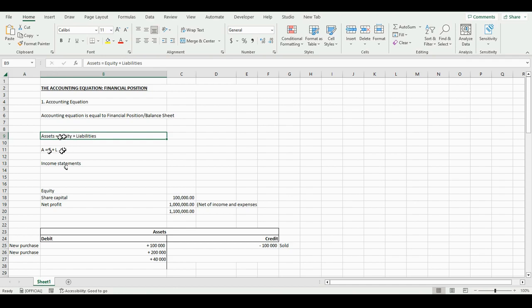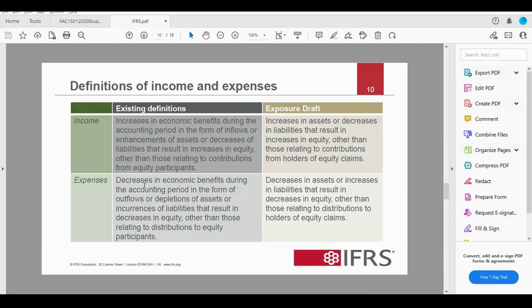So what will form part of your equity would be obviously your share capital plus net profit. And we already know that the net profit is the net of income and your expenses. Because you started your company with 100,000 rand, a year later you made a profit of 1 million. So now you're sitting at 1.1 million in the total equity. So now I want us to look at the income and expenses, right?